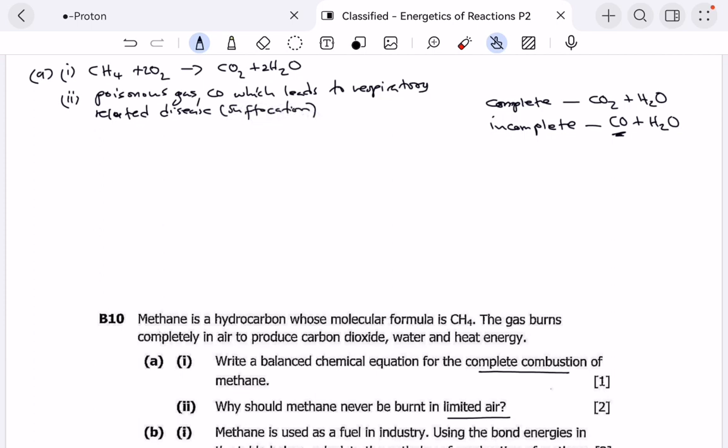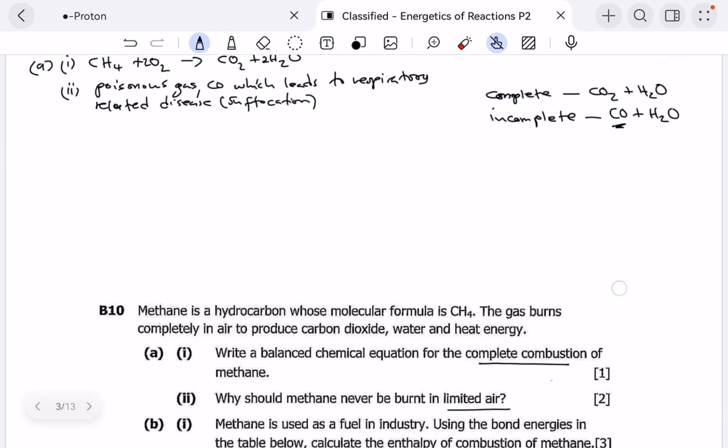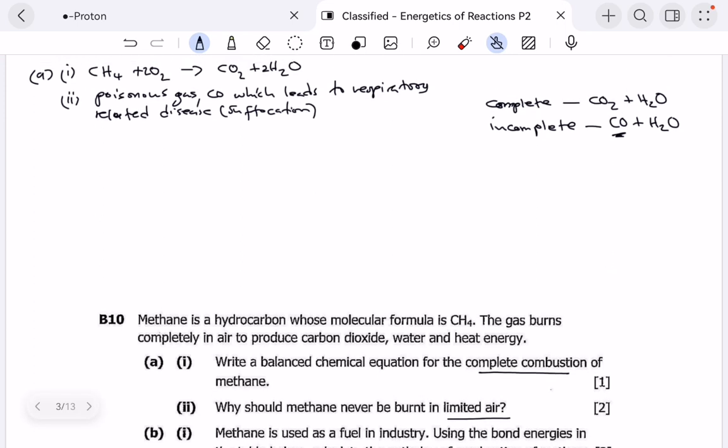It's a poisonous gas which combines with hemoglobin and forms what we call carboxyhemoglobin, which leads to suffocation as there will be limited oxygen.